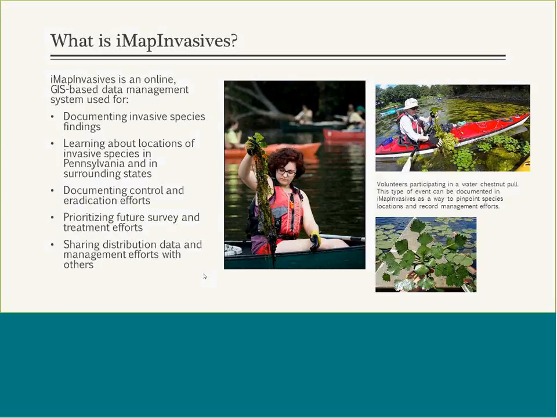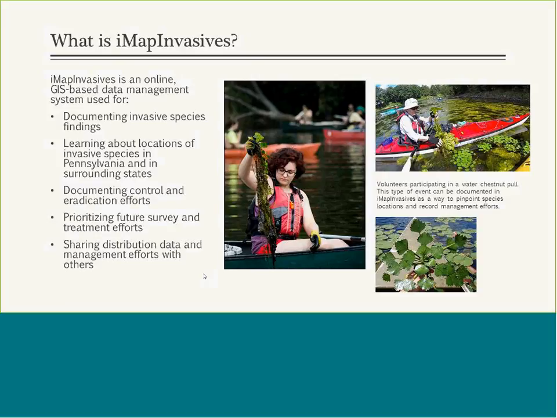You can use it to learn where invasive species are being found, not only in our state, but also in surrounding states, because a few nearby states are part of the iMap network as well, and we'll talk more about that as we go on.